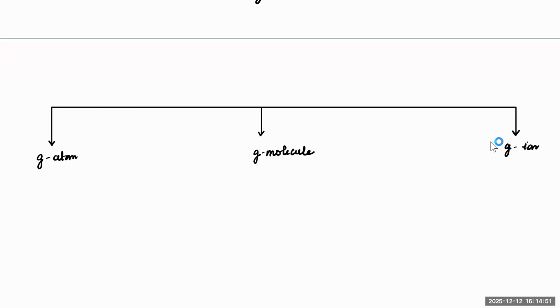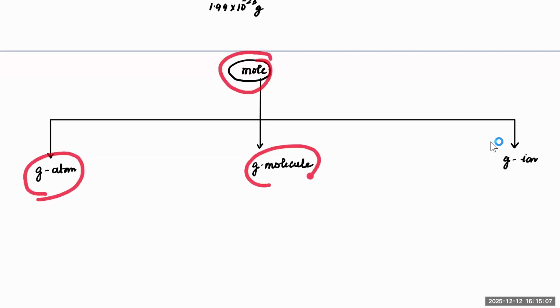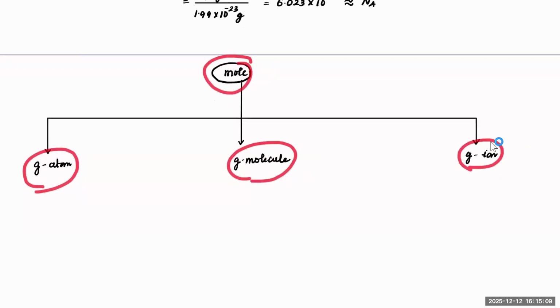Here we are trying to relate the same moles in terms of the masses. So mole can be again categorized into these terms: gram atom, gram molecule, or gram ion.